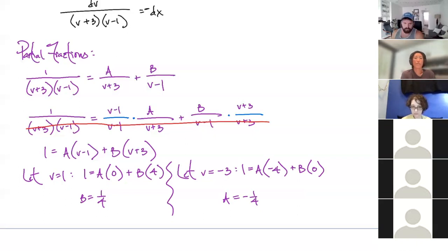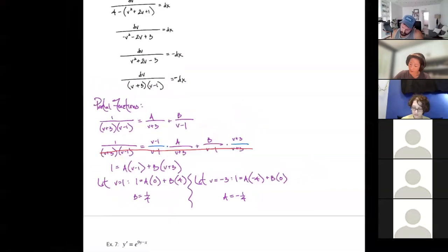Now, I know that you folks have come maybe fresh-ish out of linear algebra. You're welcome to set up matrices here if you want to, or other ways of solving systems of equations, right? But when it's linear like this, picking clever numbers does make it go pretty quickly, okay? So for some of the more complicated ones we'll see later, matrices might be useful, but if it's a linear case, choose that clever number and then be on your merry way, okay?